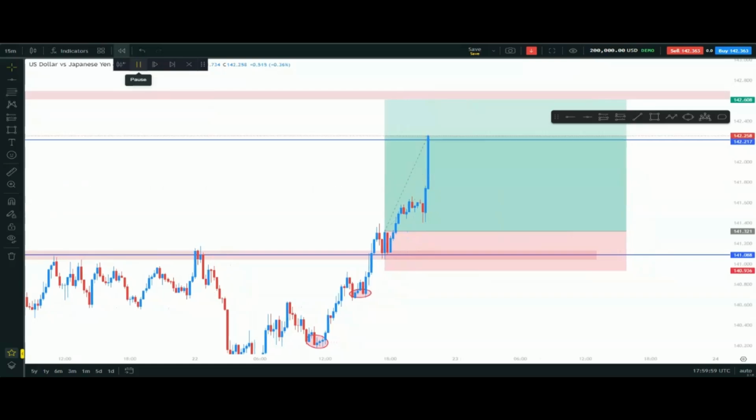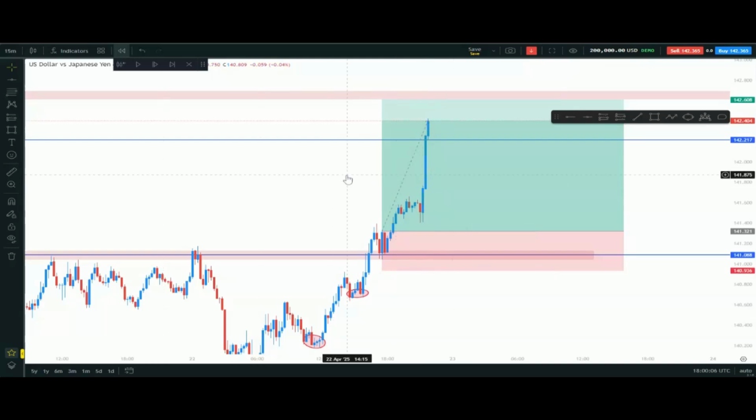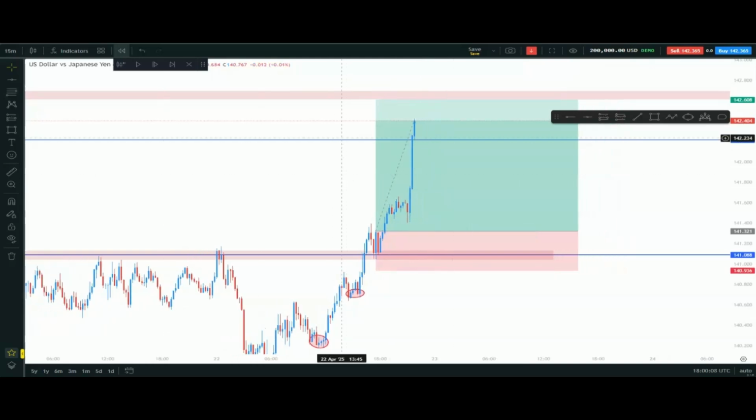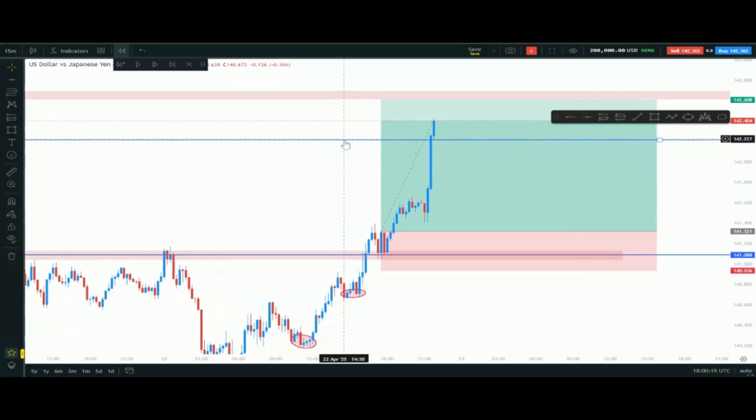So let's keep on playing price. As you can see, price started forming enormous bullish candles, and then I actually closed about half of my positions at this blue line here, which was a zone that I showed you in the higher time frames. I marked this zone up because I knew that price could have some rejections at this level, and I didn't want to lose the amount of money that I would have made by this level.